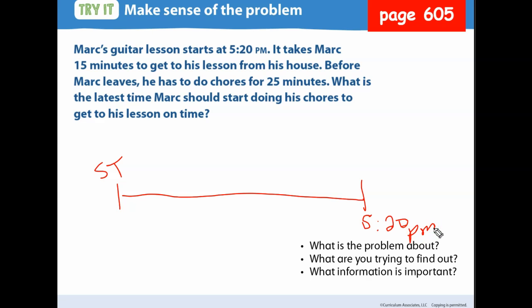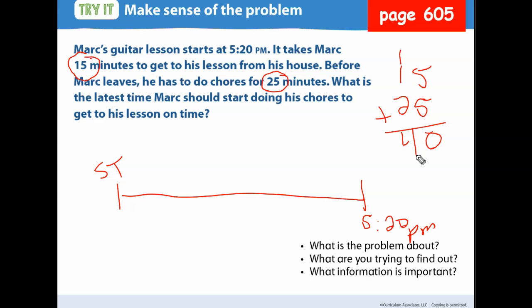And how many minutes does it take for him to get there, plus to do his chores? 40. Yeah, I have to add those. So 15 plus 25. 5 plus 5 is 10. Carry the 1. 1 plus 2 is 3. Plus 1 more is 4. 40 minutes, right?